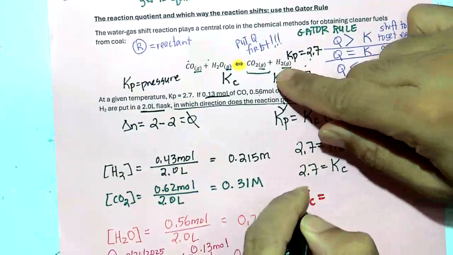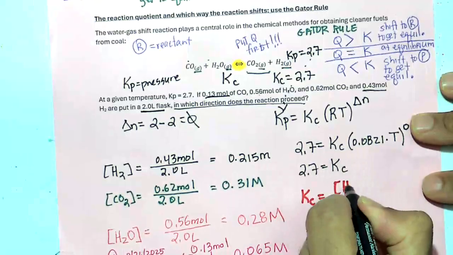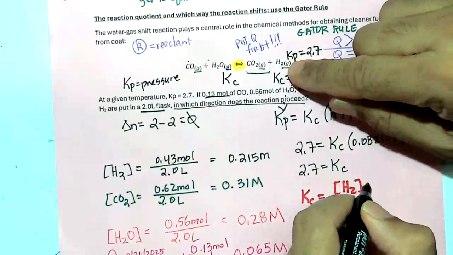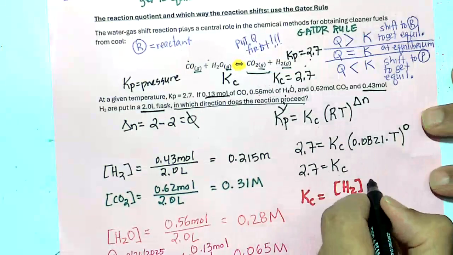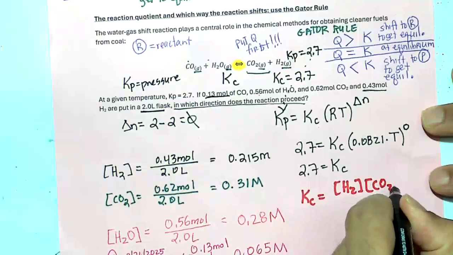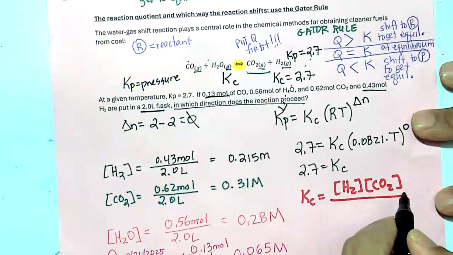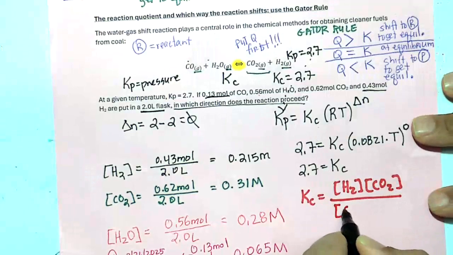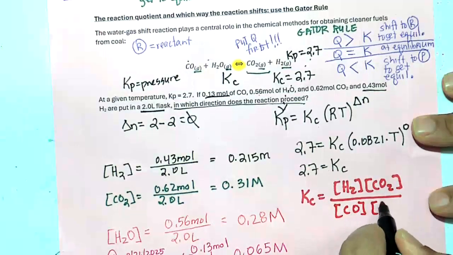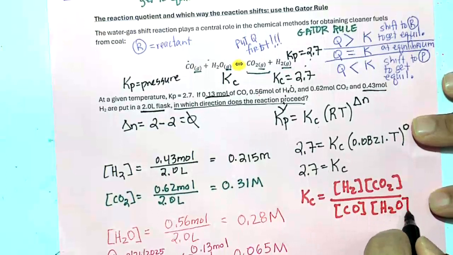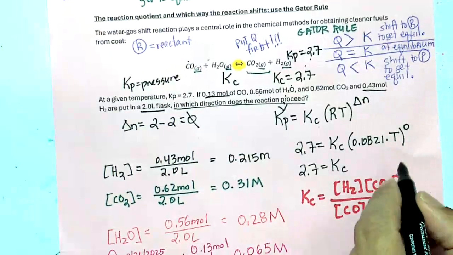Alright, so Kc is equal to the products: H2 raised to the 1 power, it's balanced, times CO2 raised to the 1 power, it's already balanced for us, divided by the reactants: concentration of CO times concentration of H2O.